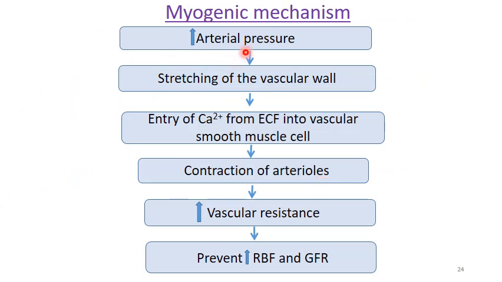Now, the myogenic mechanism: when arterial pressure increases, stretching of the vascular wall causes entry of calcium from extracellular fluid into vascular smooth muscle cells, causing contraction of arterioles and increased vascular resistance, which prevents increased renal blood flow and GFR.